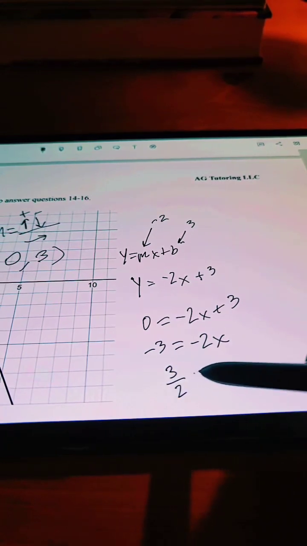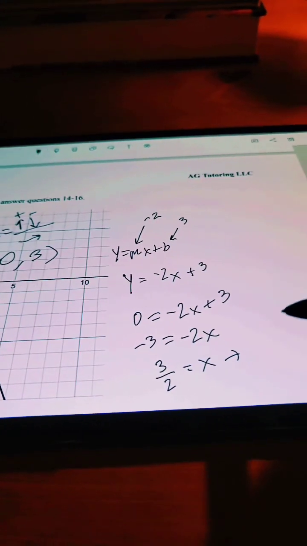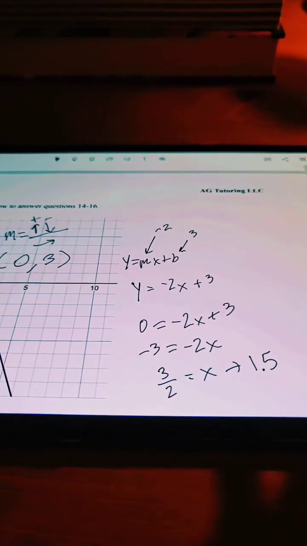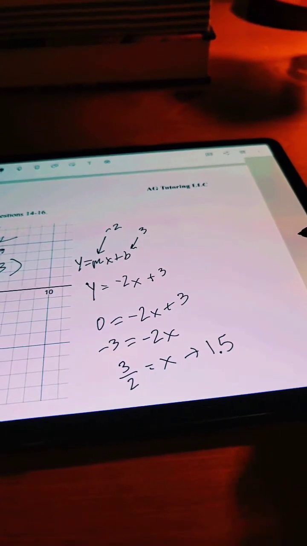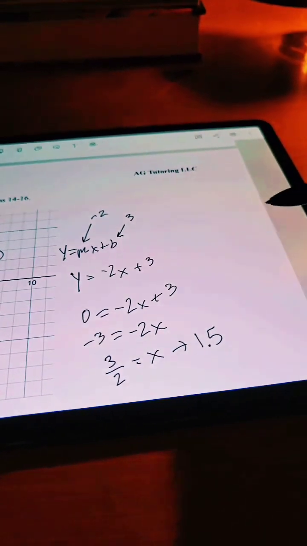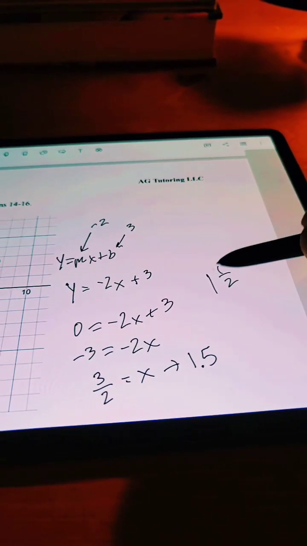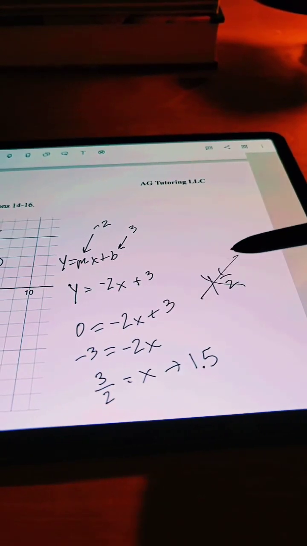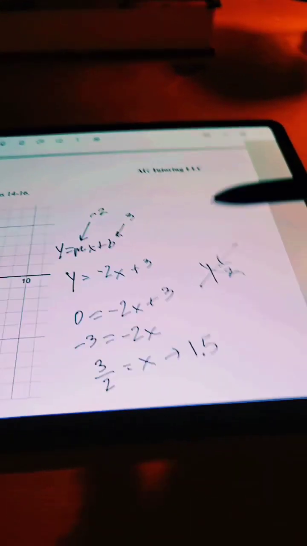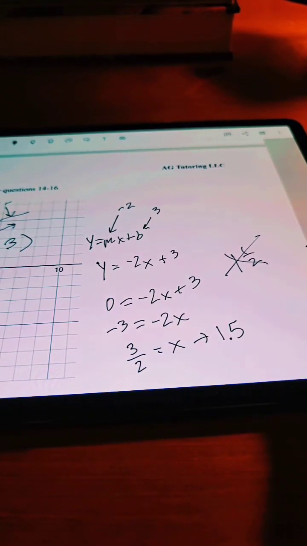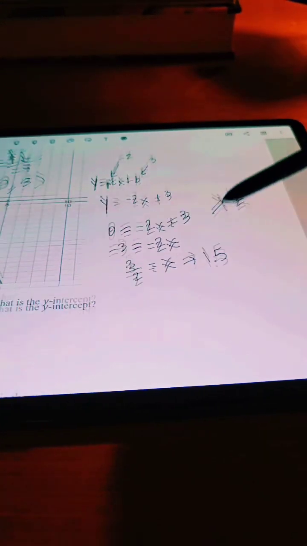Then I have positive 3 halves is equal to x, which is the same thing as 1.5. Just remember that on the digital SAT exam, you can't write 1 1/2. It'll read that as 11 over 2. You can't do mixed numbers on the digital SAT exam. You would have to do it like 3 over 2 or as 1.5. So just be careful with that.